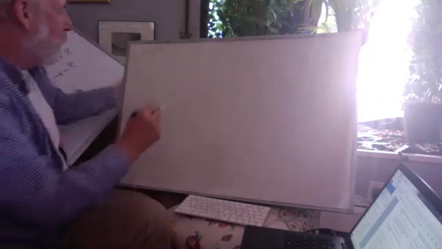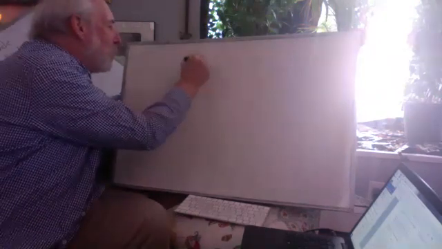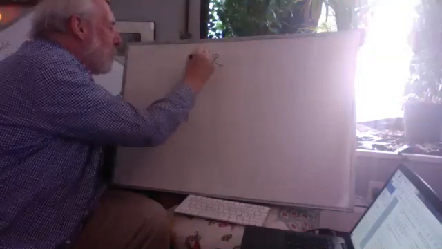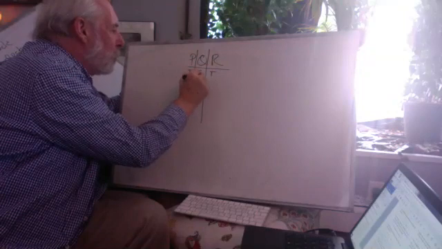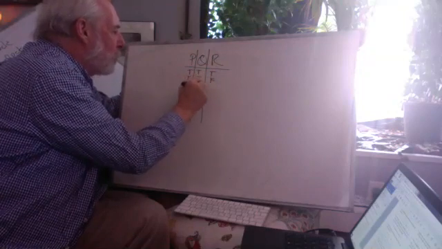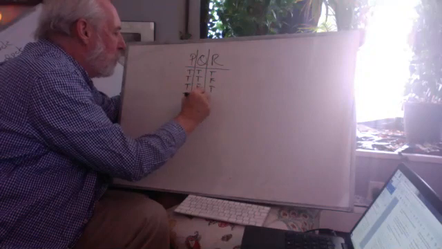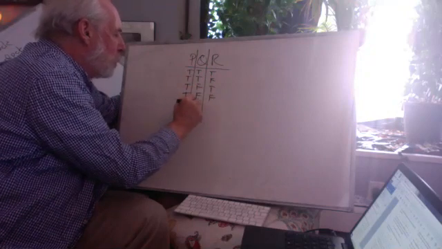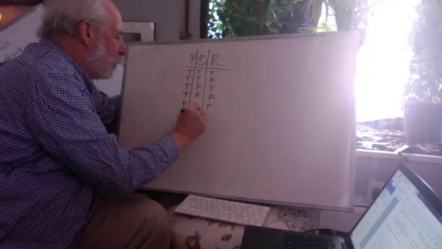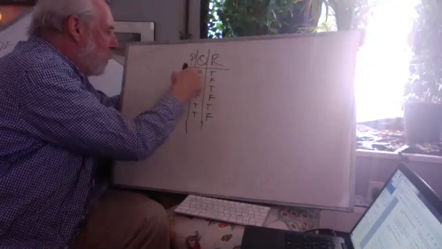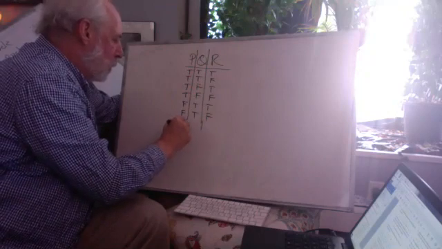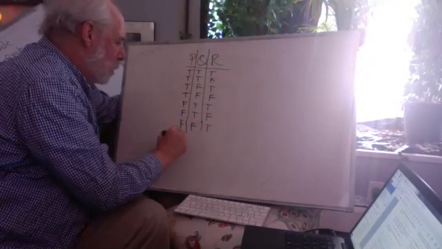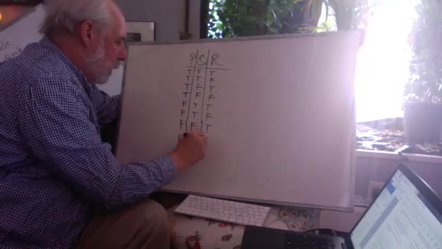When you have 3 variables, your truth table will look like this: P, Q, R. And then you're going to have true, true, true; true, true, false; true, false, true; true, false, false; false, true, true; false, true, false; and so on, up to 8.